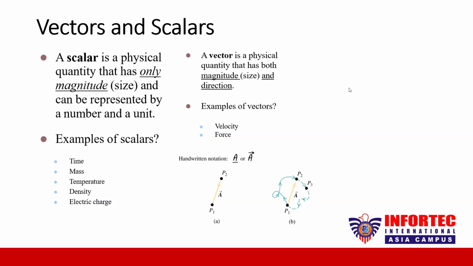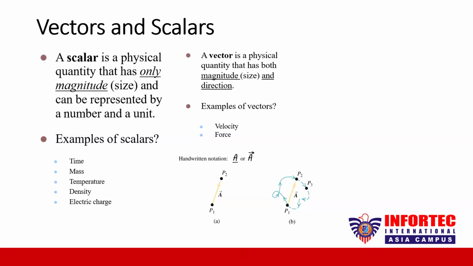And the other thing is a vector. A vector is a physical quantity that has both magnitude and direction, right? Then a vector is different from a scalar because a vector has direction. We cannot define a vector without a direction. But in a scalar, we only need a number and a unit to describe it, right? Examples of vectors are velocity and force.